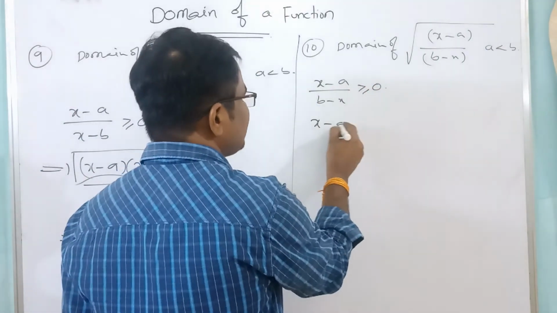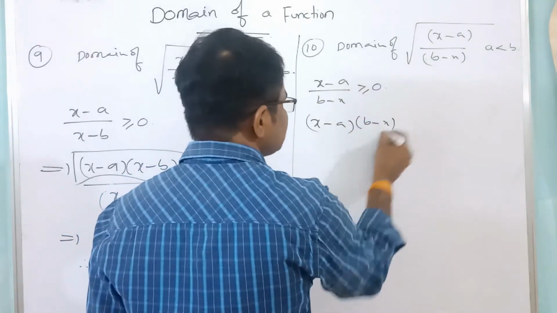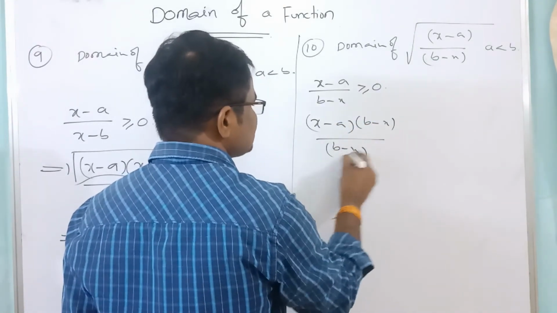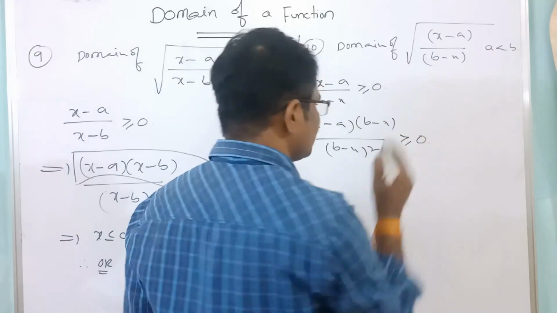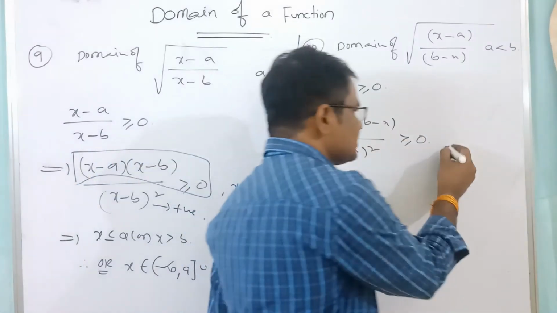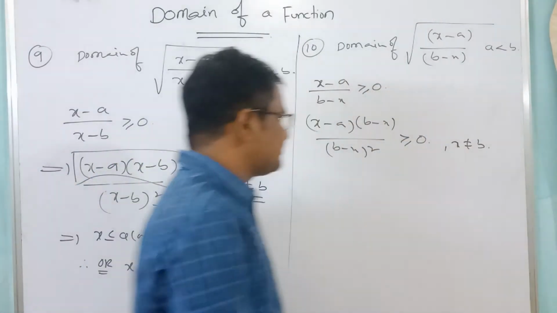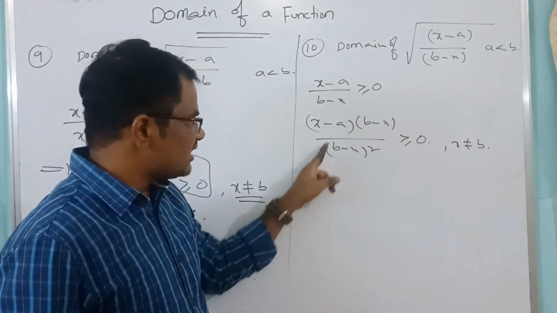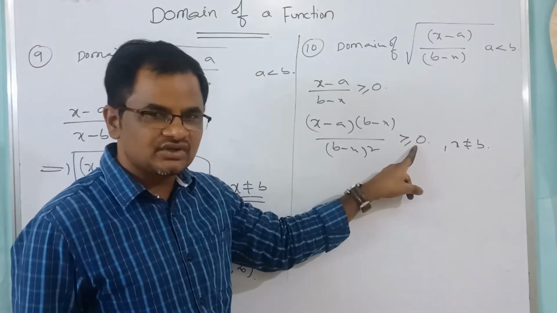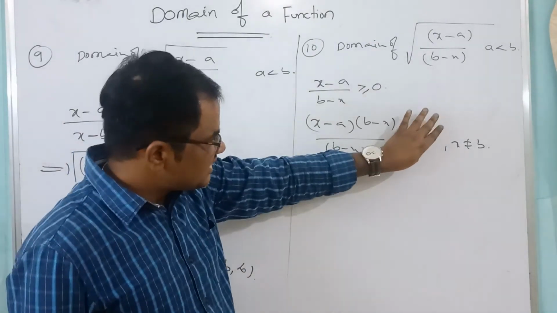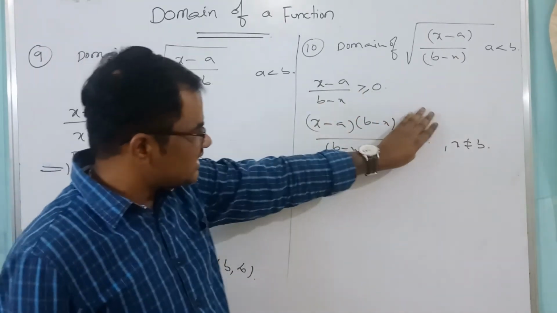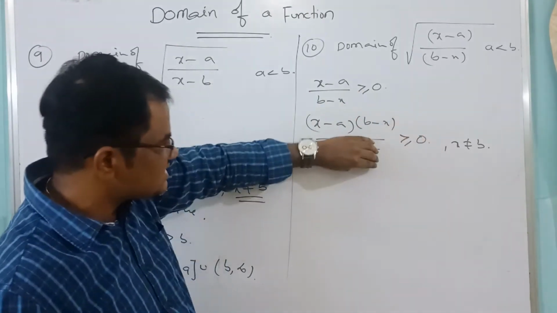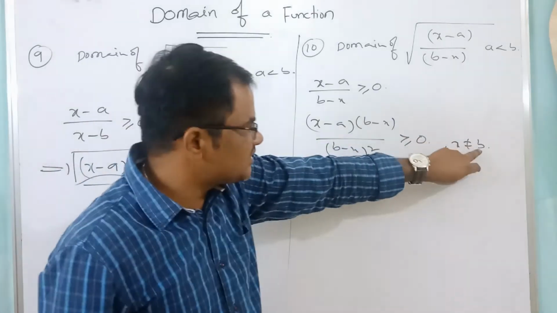Here also multiply and divide by b minus x, divided by (b minus x) whole square, it is greater than or equal to 0. Now here x is not equal to b except this value. For all the values of real numbers, it is greater than or equal to 0 only. So if this total expression is greater than or equal to 0, already this is greater than or equal to 0 except this value.